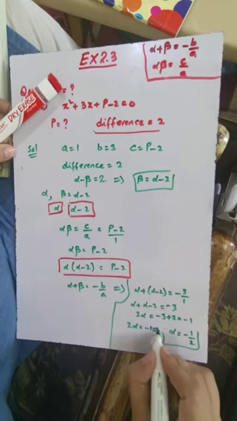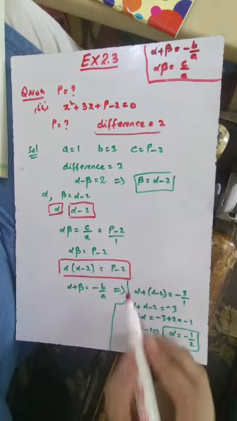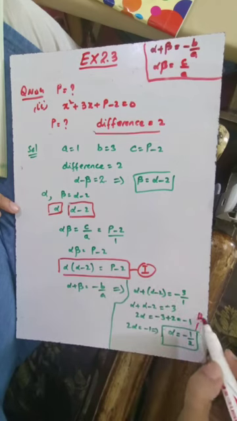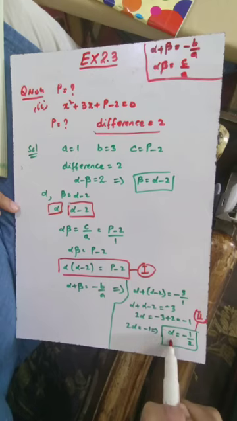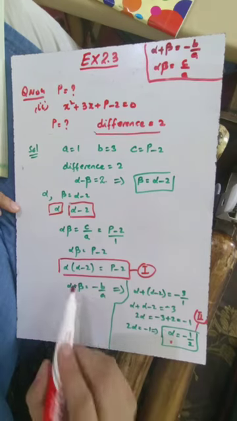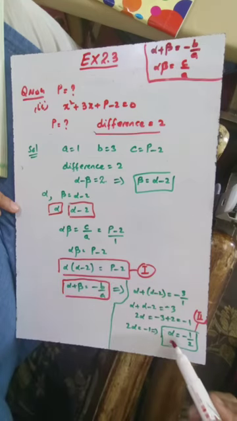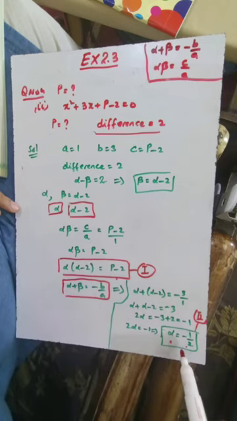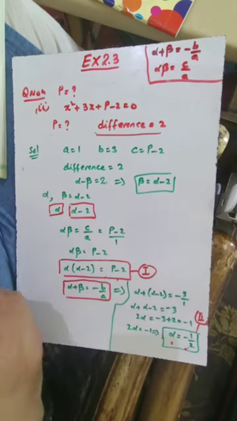Okay. Let me name this equation as 1 and this equation as 2. Now what I am going to do is put the value of alpha, which we obtained from this relation, into equation 1. We got the value of alpha as negative 1 by 2, and this will give me the value of p.